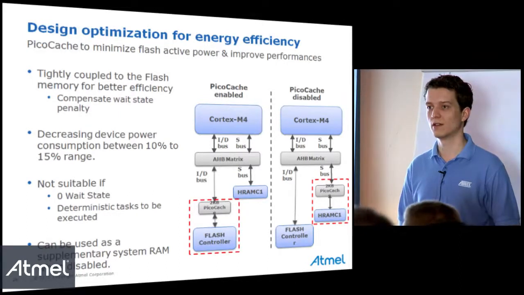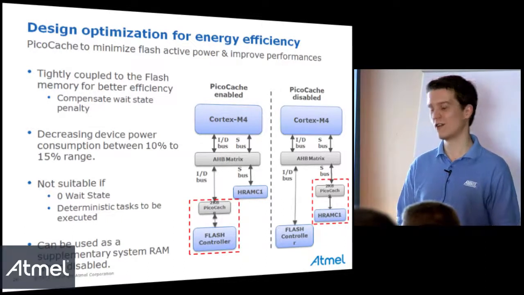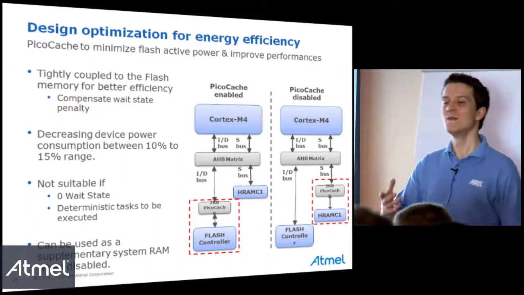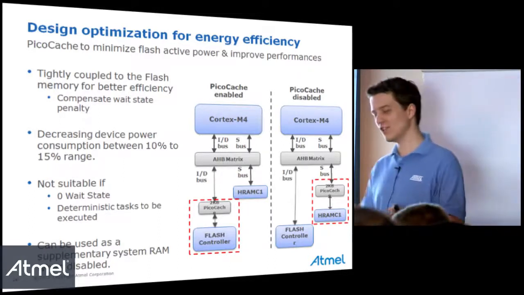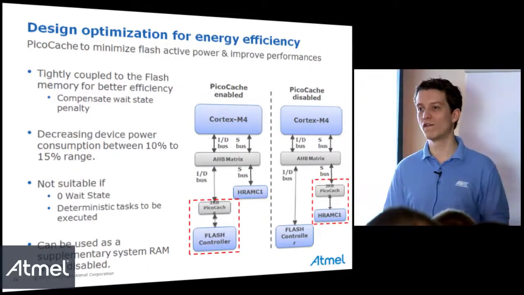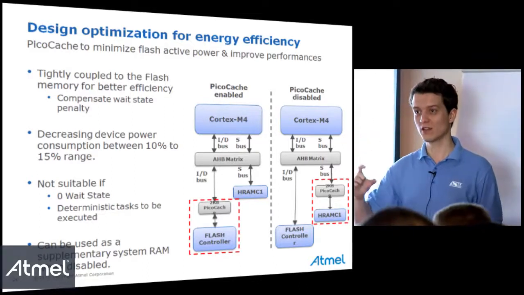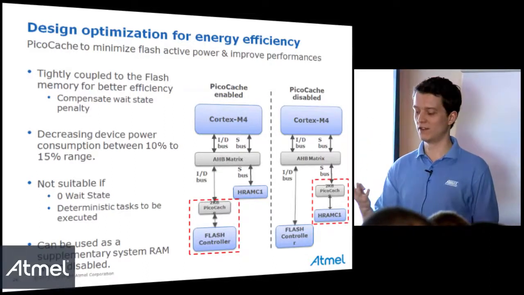How many instructions from the flash are copied to the 2 KB in one go? That's also a good question. The cache is divided into 4 ways, so 4 blocks.